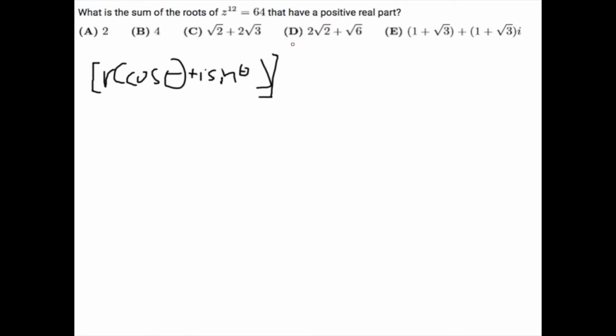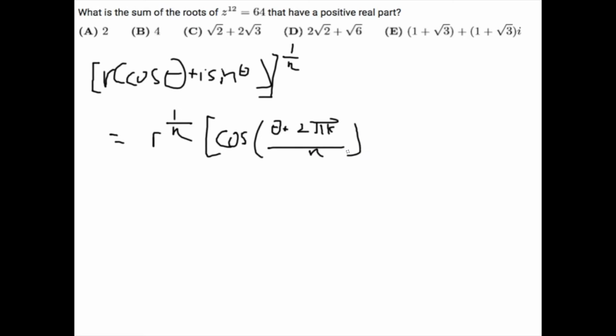So the nth root is equal to r to the 1 over n times cosine of (theta plus 2 pi k) over n plus i sine of (theta plus 2 pi k) over n.